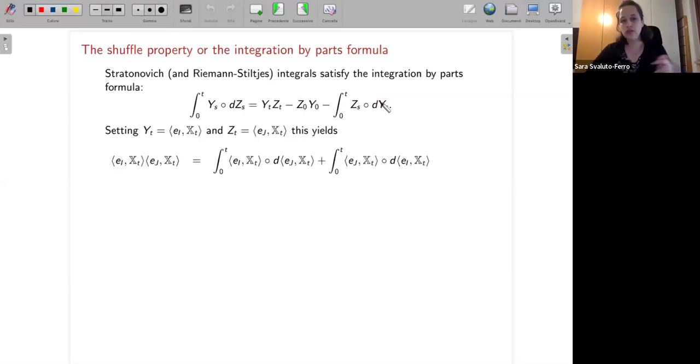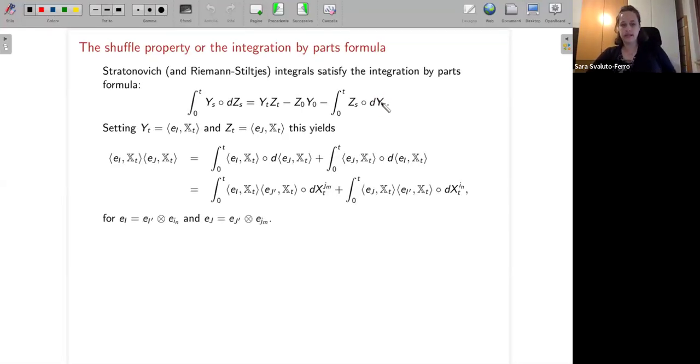Okay. We can also do it more generally, and we get exactly this. If we take the product of these two processes, we can apply the integration by parts that you have here, and you get the integral of the first with respect to the second plus the integral of the second with respect to the first. You apply the definition.